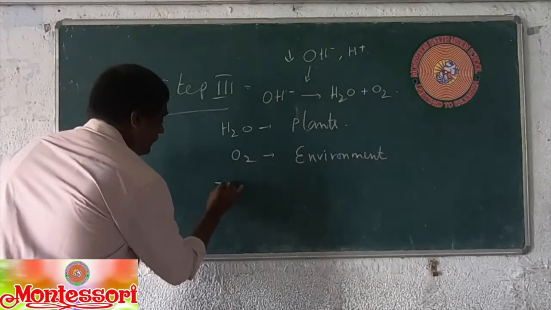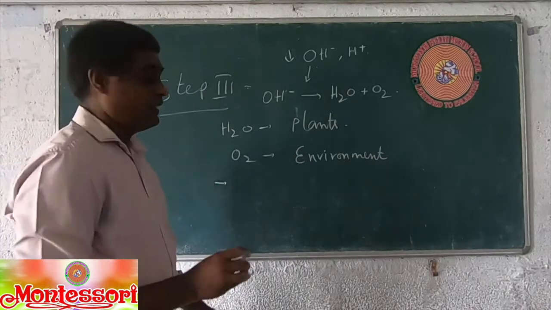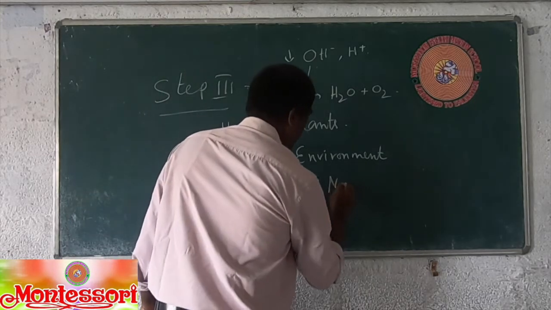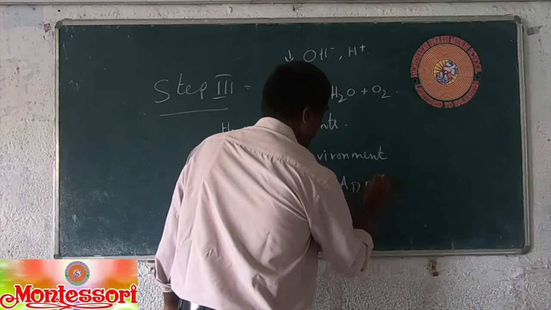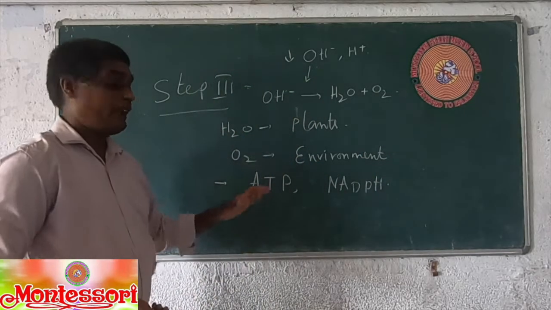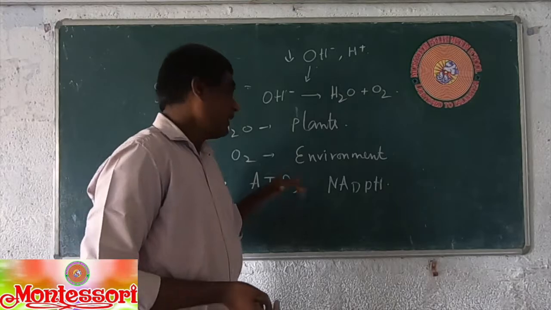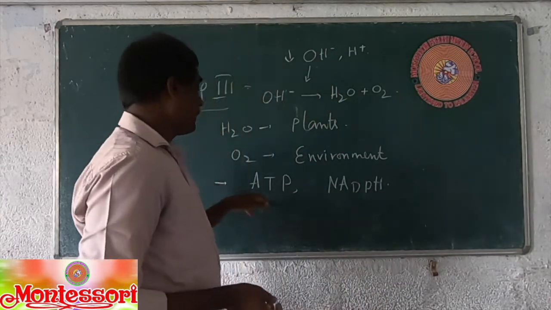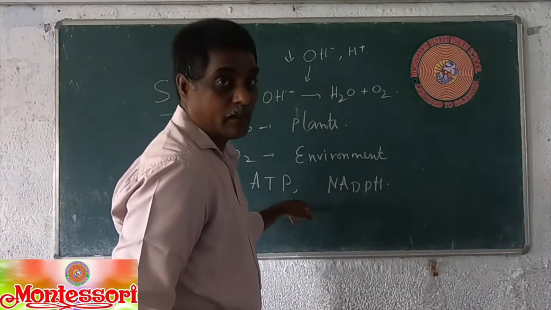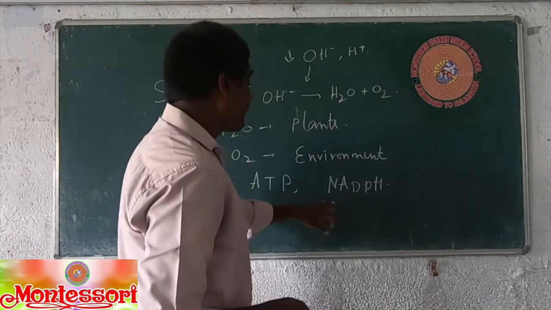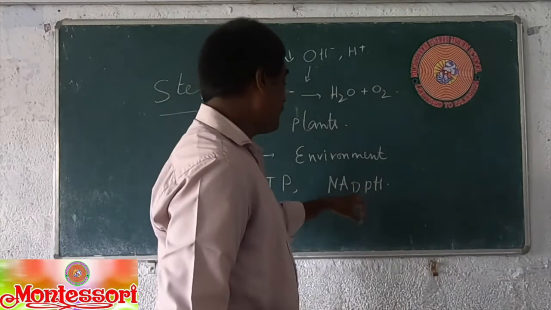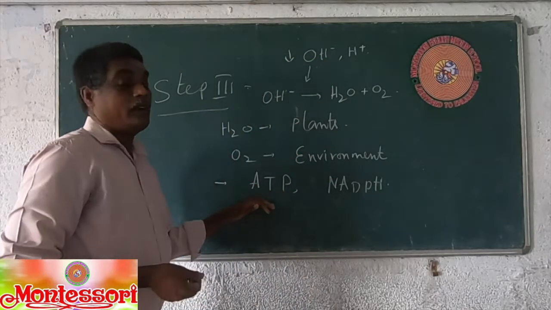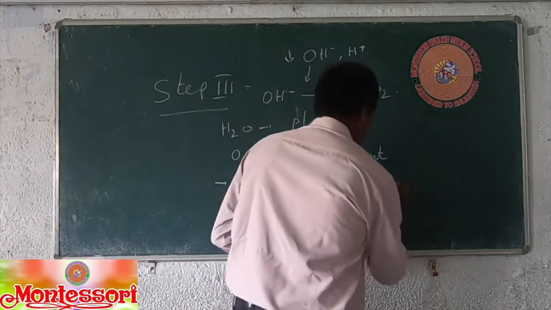The end products of this step 3 are ATP and NADPH. ATP means adenosine triphosphate, NADPH means nicotinamide adenine dinucleotide phosphate hydrogen.